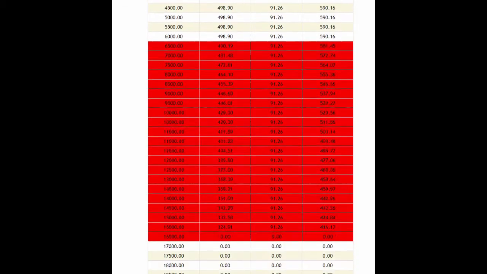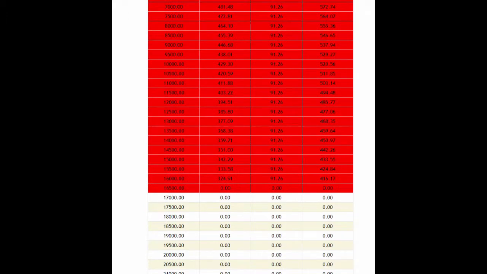If we keep scrolling down, you will notice that at £17,000 everything goes to zero. Working age means tested benefits have a £16,000 absolute capital cut-off. If your capital goes over £16,000, you are not entitled to their benefits.